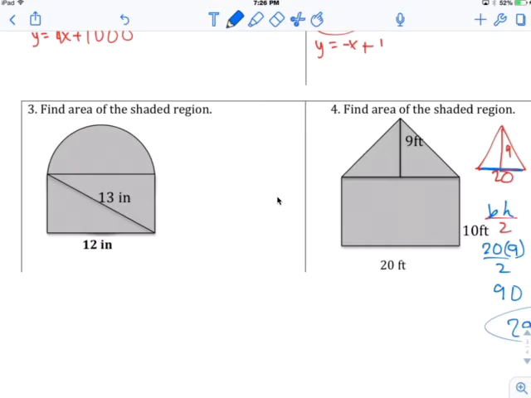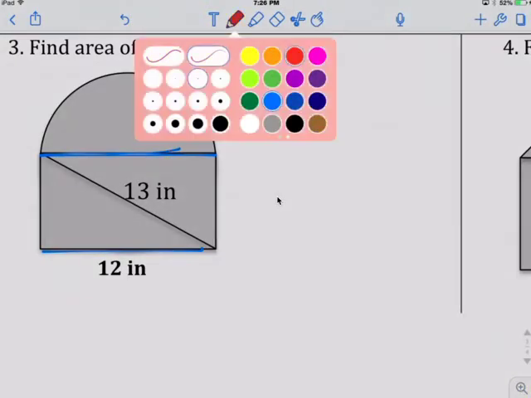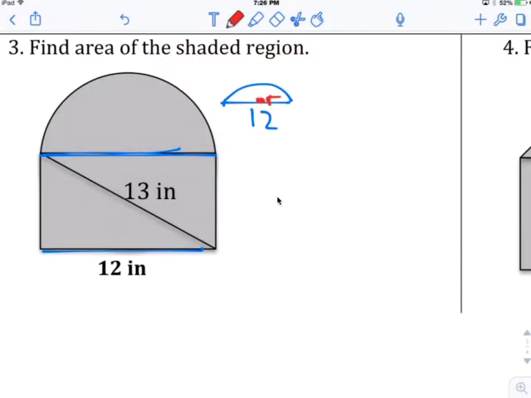Here, you have a half a circle. That length is 12 right here. So the radius then is only 6, because the whole thing is 12. This is pi r squared divided by 2.